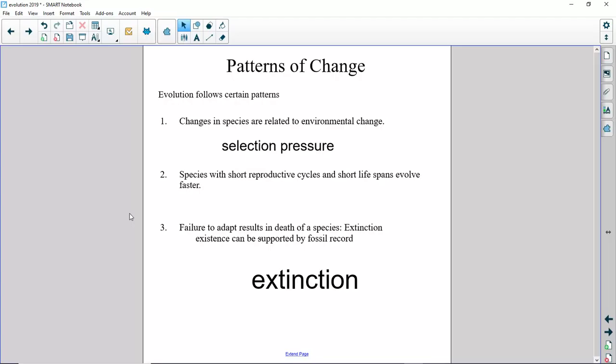Species with short reproductive cycles and short lifespans evolve faster, and the failure to adapt results in the death of a species, which we call an extinction event. Existence can be supported by fossils. You know when they left. But don't rush to use the word extinction always. It's like the word mutation. It's used too much. Evolve, ladies and gentlemen.